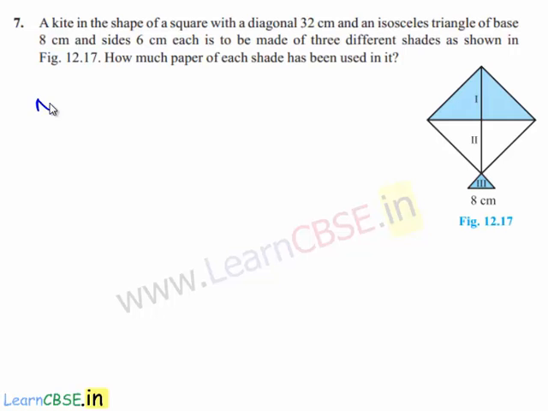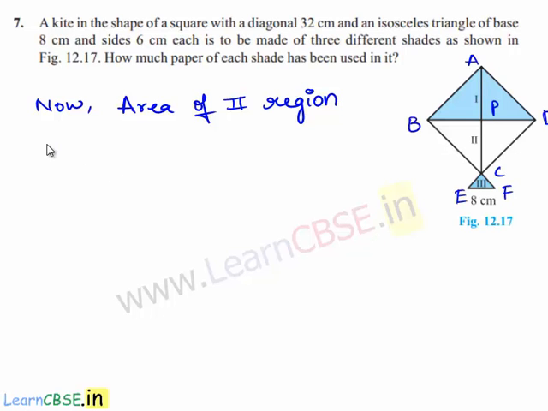Now, let us move on to the area of second region, that is area of triangle BCD, which is similar to the area of triangle ABD, as triangle BCD is also a right angle triangle.